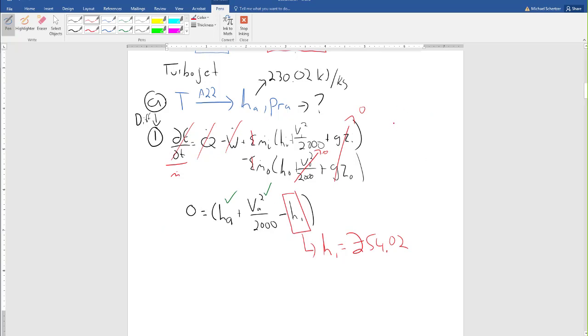Now remember, table A22, it's got a temperature, right? It's got probably u, h, s superscript 0, PR, and VR. Might not be the right order, right? But now here on table A22, for state 1, we know h. I'm going to use this to interpolate and find the temperature, and also to interpolate and find PR.